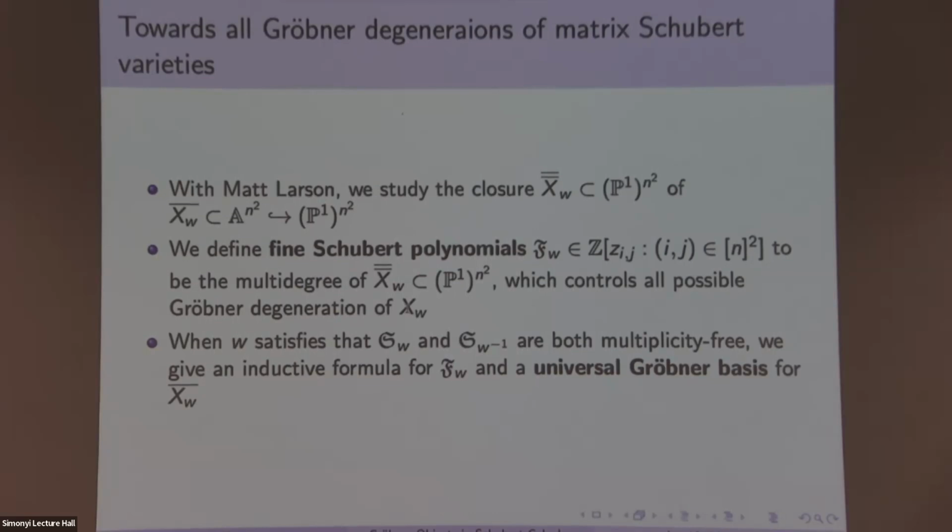Is there an analog for reductive groups? Analogs of what? Like all this thing. As far as I understand it, this is for GLN, right? Right. So Schubert decomposition of course makes sense, so it works for general flag varieties.